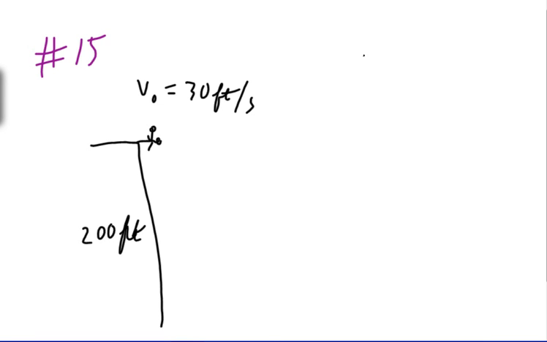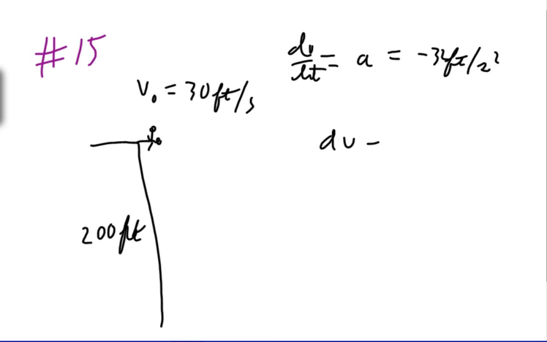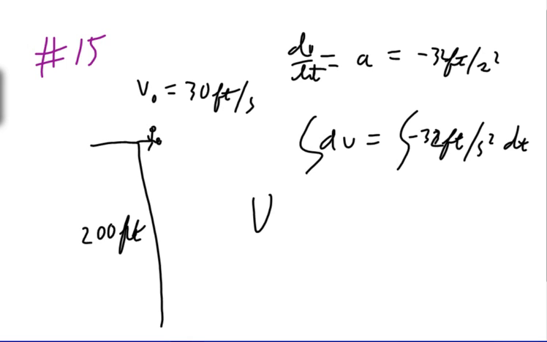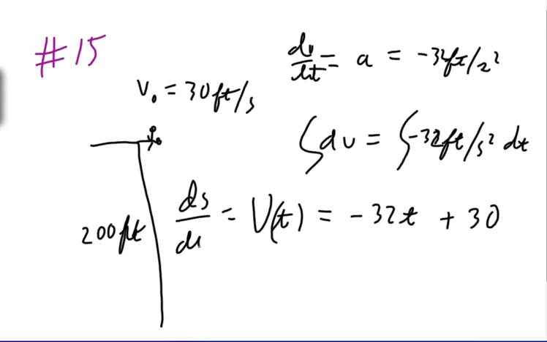Okay, so acceleration is minus 32 feet per second squared, which is dv dt. So dv is minus 32 feet per second squared dt. I integrate both sides. Velocity at time t is minus 32t plus initial velocity 30, which is change in position over change in time.